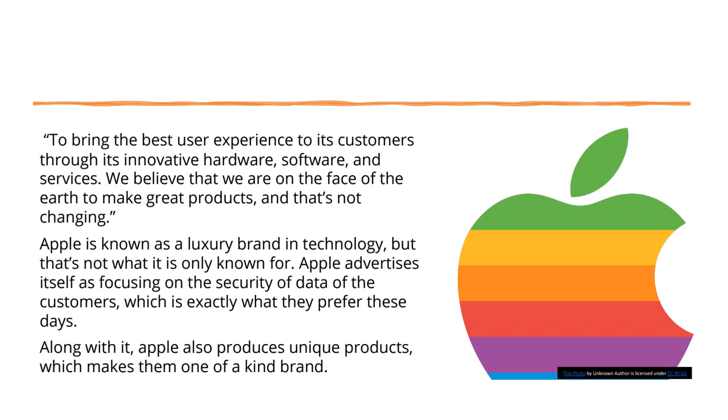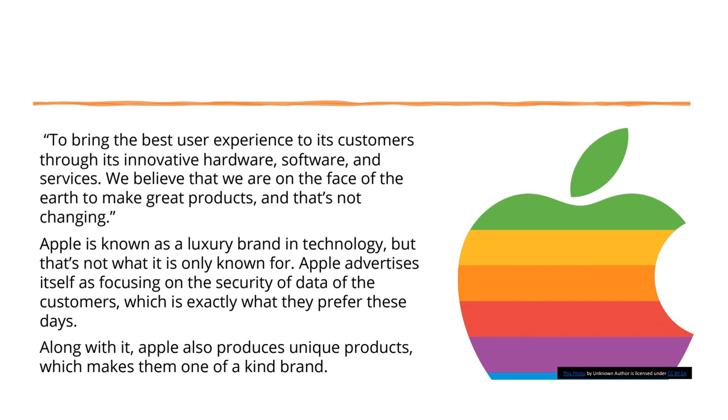Just to look at Apple in terms of positioning in the market: luxury technology brand, aspirational, unique, one of a kind, to provide customers with the best experience, innovative hardware and software.